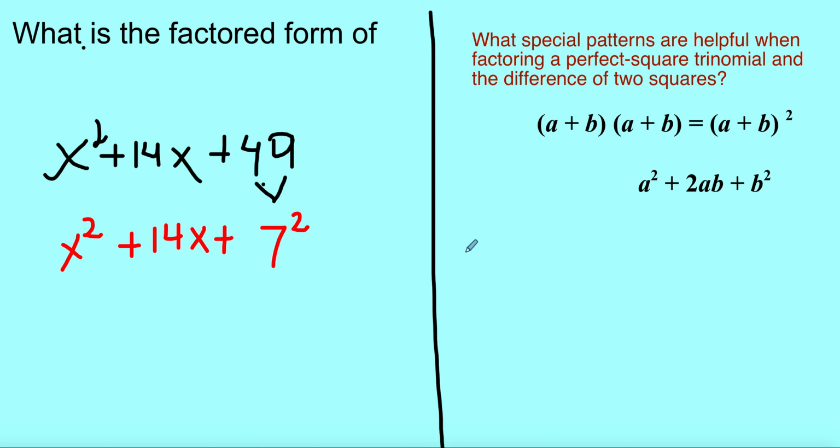Let's see what 2ab is in this case: 2 times a times b. 2 times 7 times x, because we want the second term. And it gives us 14x, right?